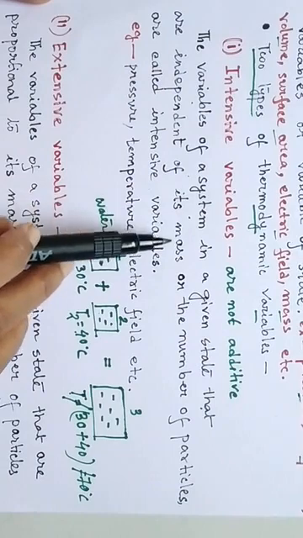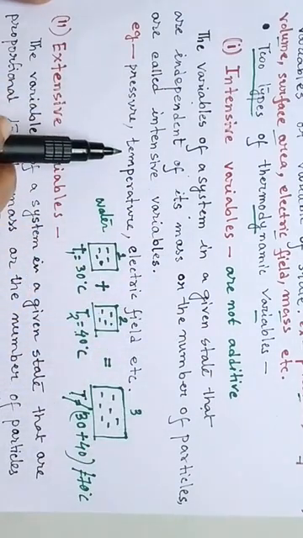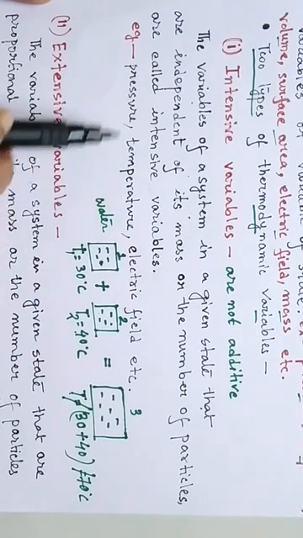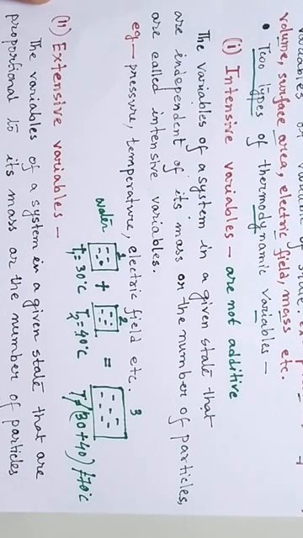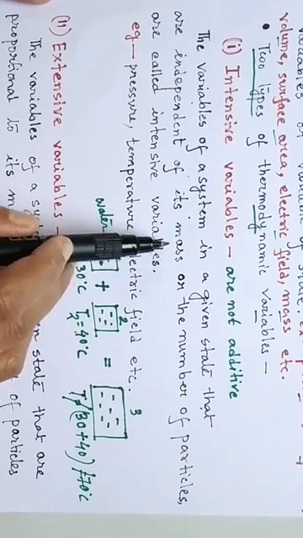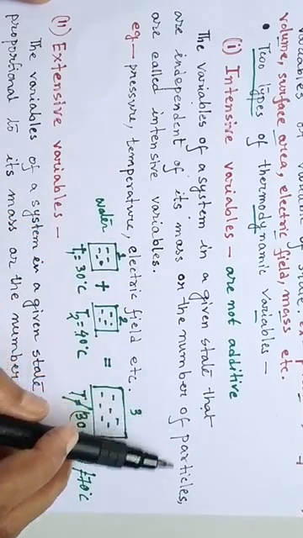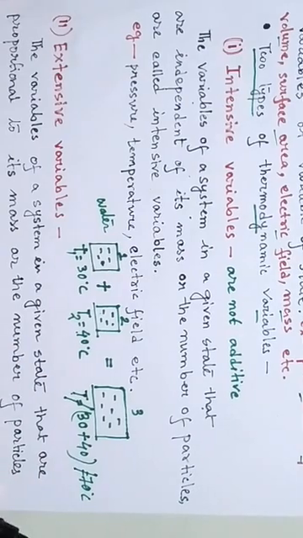That is, they don't depend on the mass or number of particles. The temperature or the pressure or the electric field does not depend on whether the system has a greater mass or smaller mass, or if the number of particles is very large or very small.